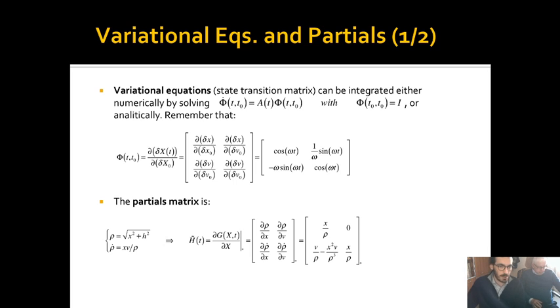When you have such a vector derivative, the element ij is the derivative of gi with respect to xj. So we have d rho on dx, d rho on dv, d rho dot on dx, and d rho dot on dv. You should know this. If you do these computations, you get the h tilde matrix.